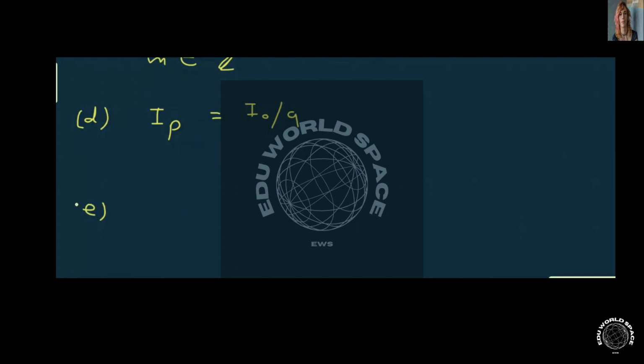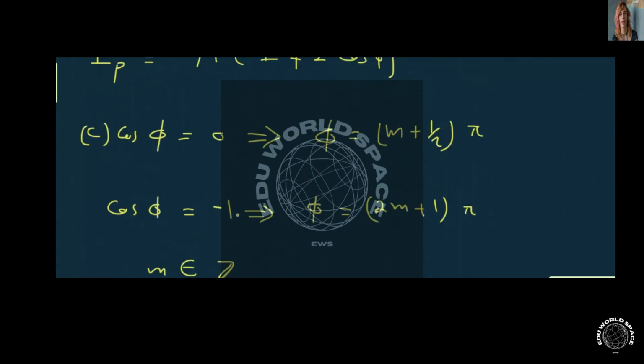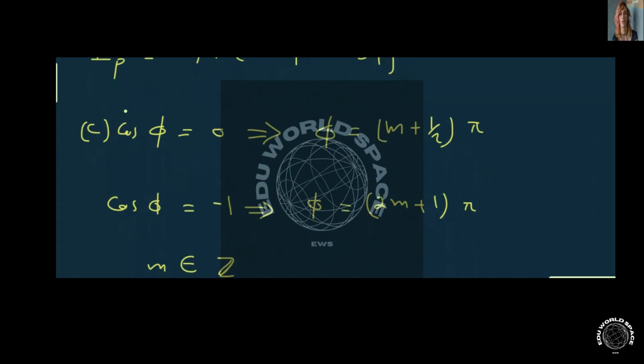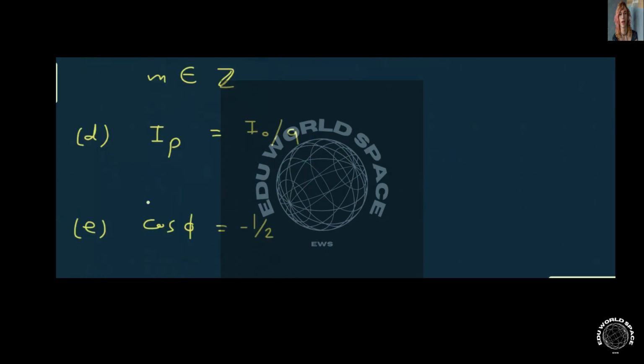Now for part E, to get the dark fringe, we must have cosine of phi equal to -1/2. If cosine of phi is equal to -1/2, this bracket is just equal to zero, and now the intensity is equal to 0, which corresponds to the dark fringes.